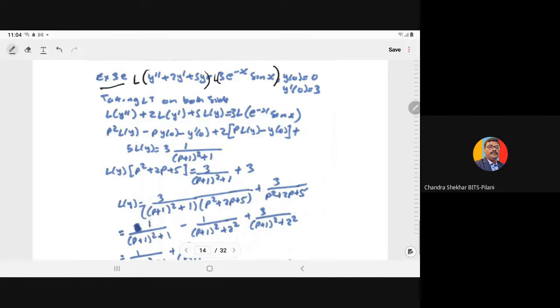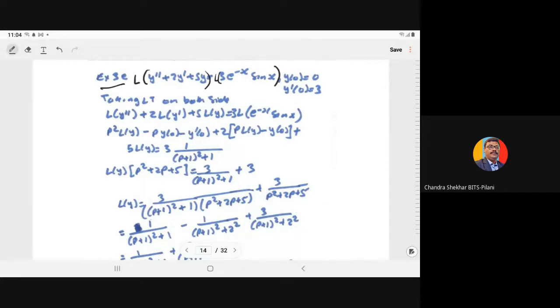It follows the linear property. So due to the linear property, you can write it as L of y double dash plus 2 into L of y dash plus 5 into L of y is equal to 3 L of e to the power minus x sin x.